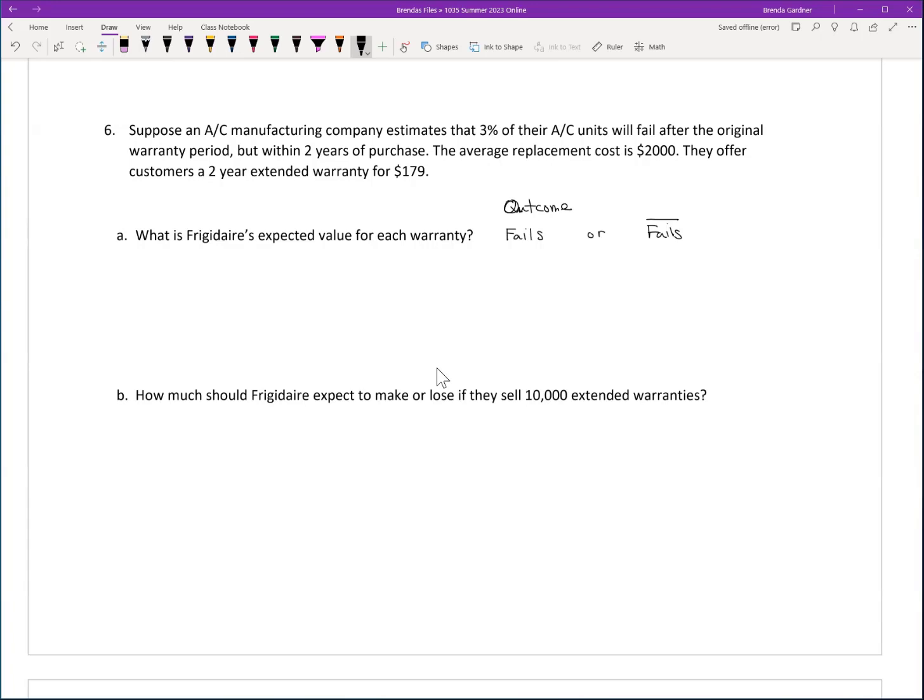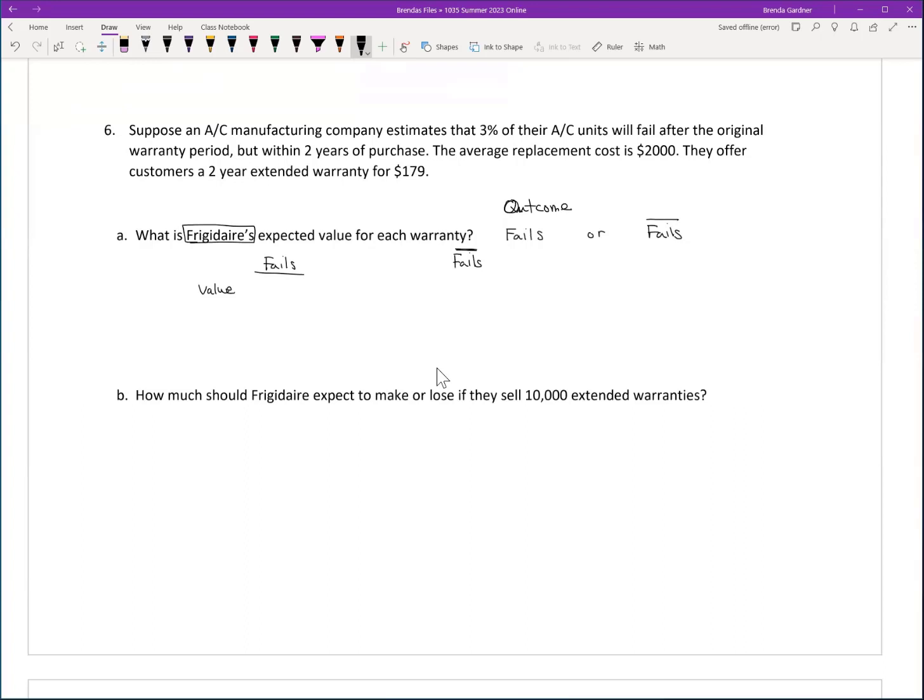Let's talk about fails and not fails, which we can put a line over the top, means do not fail. Value-wise, if it fails, and this is to Frigidaire, what happens?